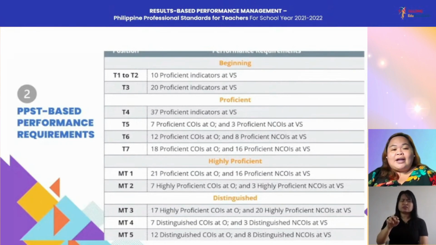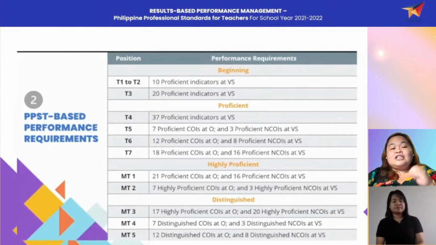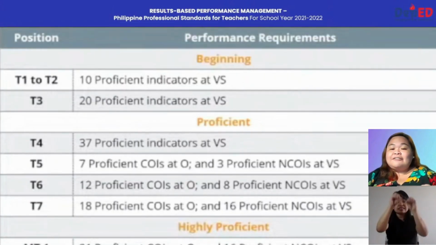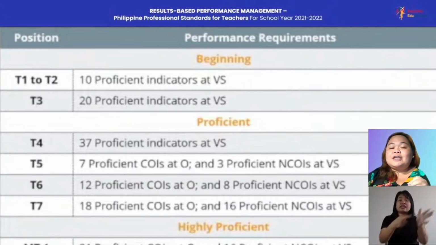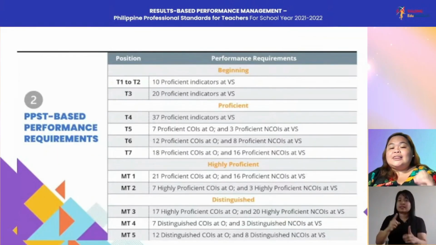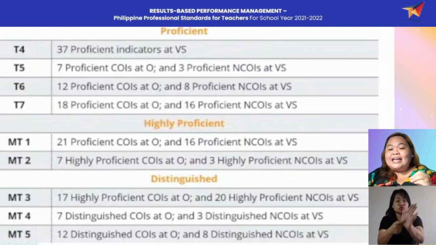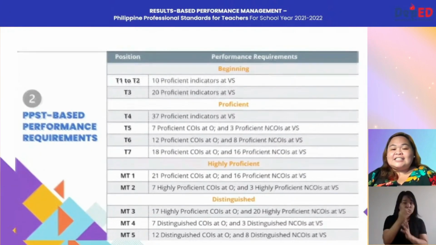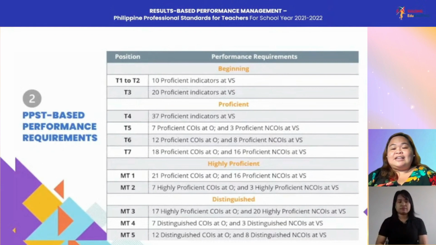If you can see, each teacher position requires the achievement of specific PPST indicators demonstrated in the teacher's performance, and it will be measured through the IPCRF. This necessitates the completion of the 37 indicators in PPST.